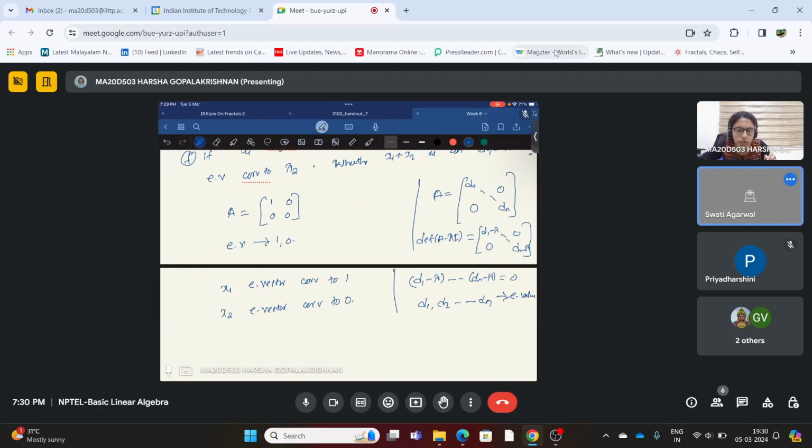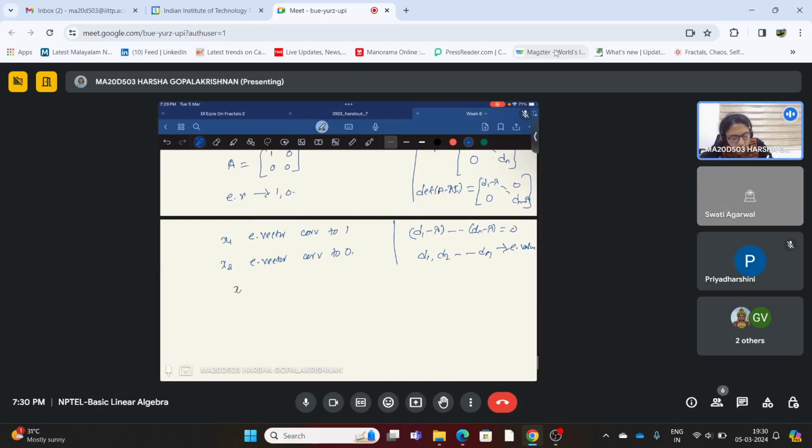Now, we need to check whether x1 plus x2 is an eigenvector corresponding to some lambda. What we need to check is A(x1 plus x2) equal to some lambda into (x1 plus x2). Will it be true or not? That is what we want to find, right?